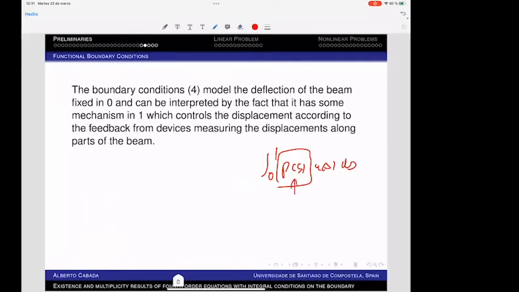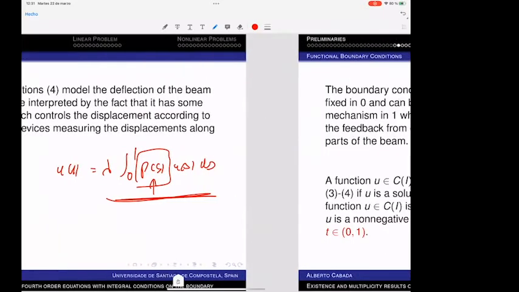If we put p, we may have a weight that may be 0 in some parts, and it means that the displacement of u(1) depends on the value of the function u in some parts of the whole interval.